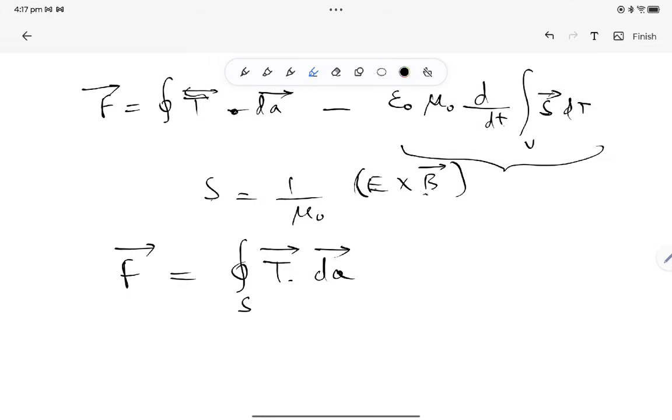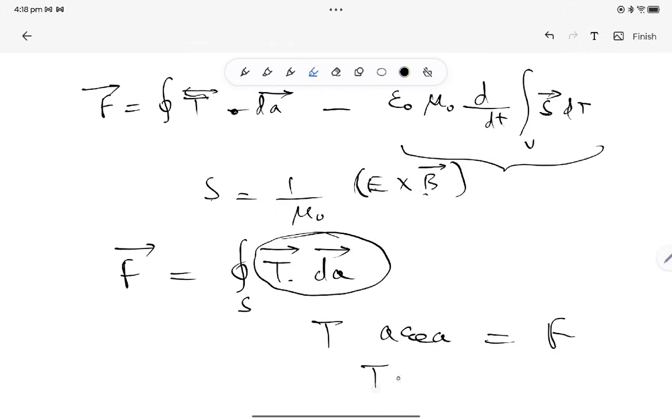And what this physical meaning is, you can see yourself now. It is T into area. This term is force, because this whole is equal to force, hence this must be force. You can integrate only forces to get force.